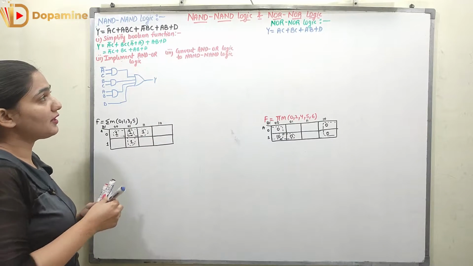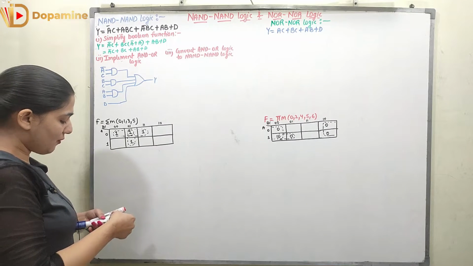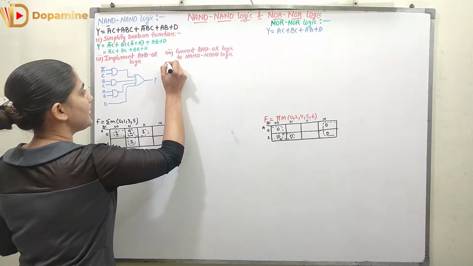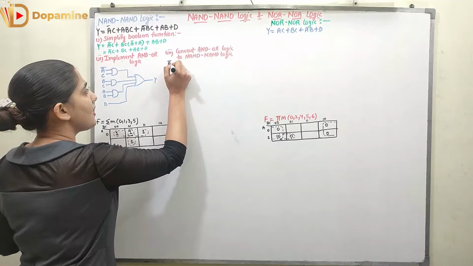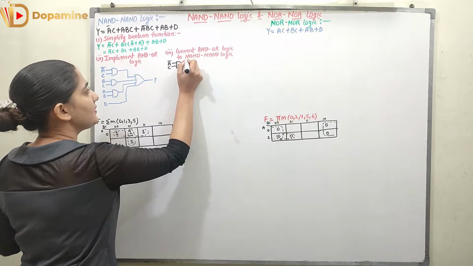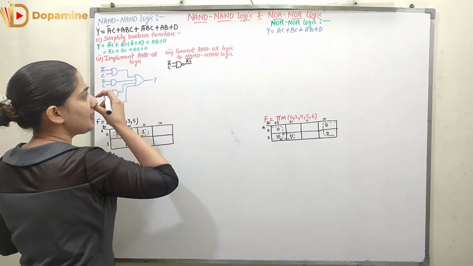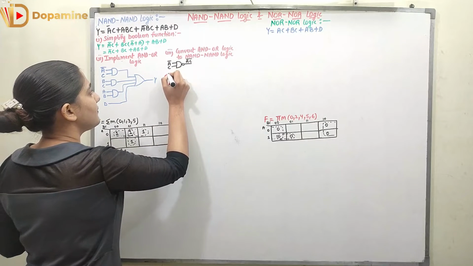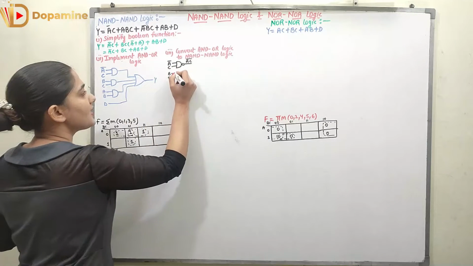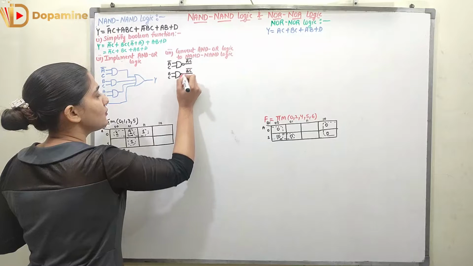Now I have to convert this AND OR logic to the NAND logic. So now I will tell you how to convert it. Right over here you take a bar and c and send it to the NAND gate, so you get a bar into c, whole bar. After that you take b and c, the second term in the SOP form, and send it to a NAND gate, so you get bc whole bar.